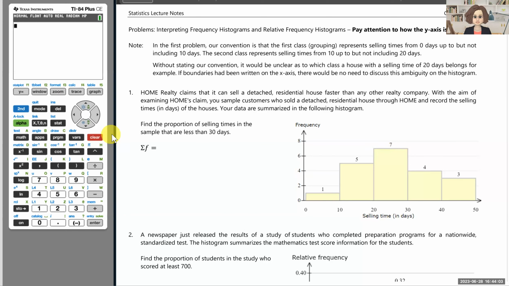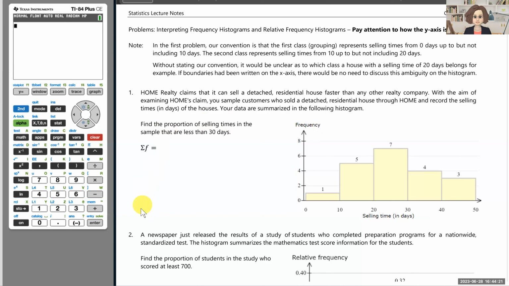All right, and then we're ready to answer a question. It says, find the proportion of selling times in the sample that are less than 30 days. On our y-axis, we have frequencies, but they want to know proportion.